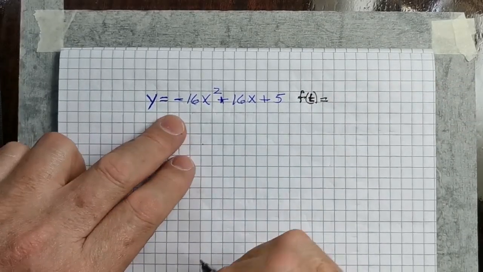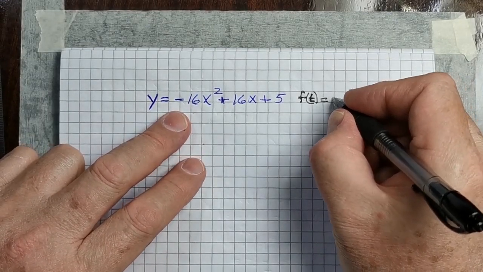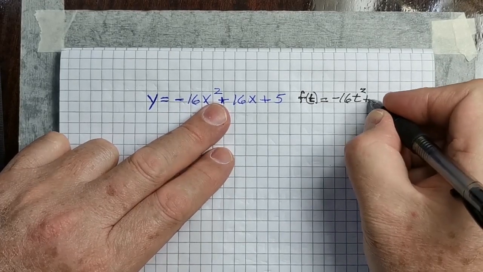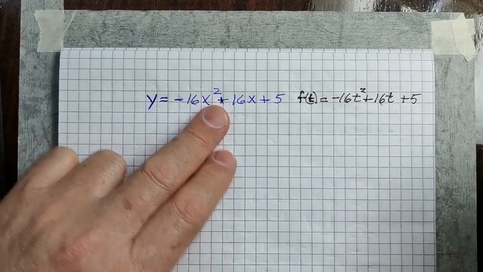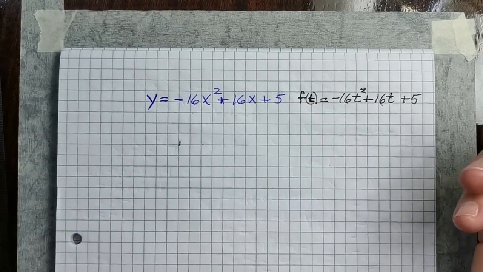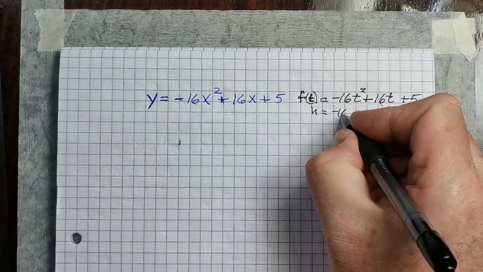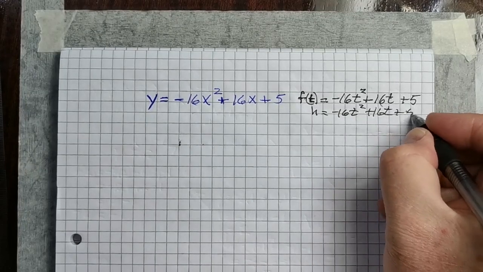We could write it that it's a function of t, where t is time. So this would be minus 16t squared plus 16t plus 5. And f of t would be the height, and we could name it h. h equals minus 16t squared plus 16t plus 5.